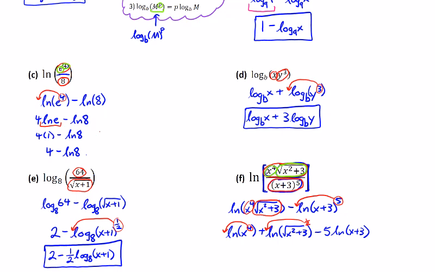And then the last statement already had the power brought in front, so nothing else to do with that. So here's our final statement. We have 4 ln of x plus 1/2 ln of x squared plus 3 minus 5 times ln of x plus 3.